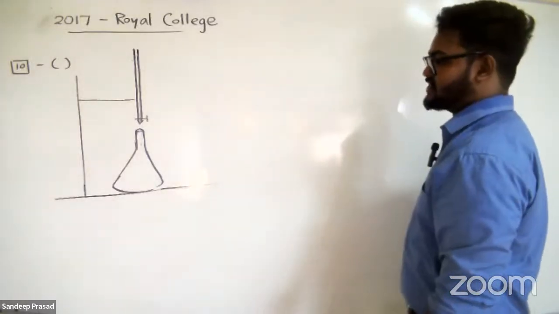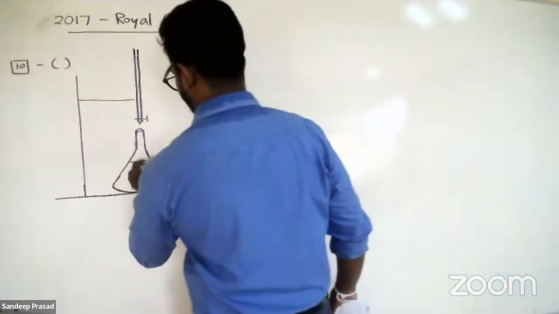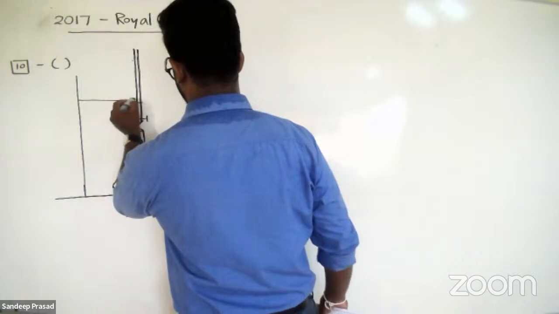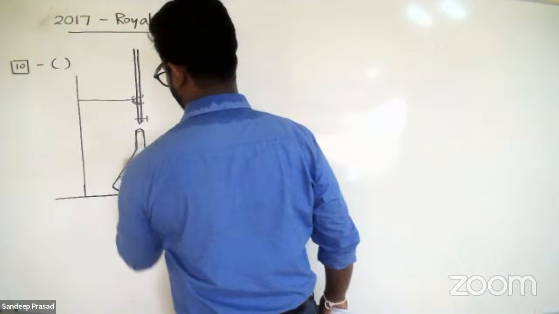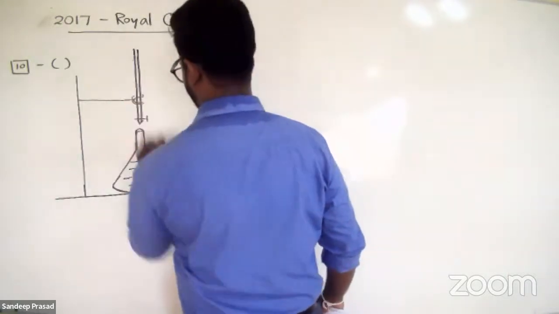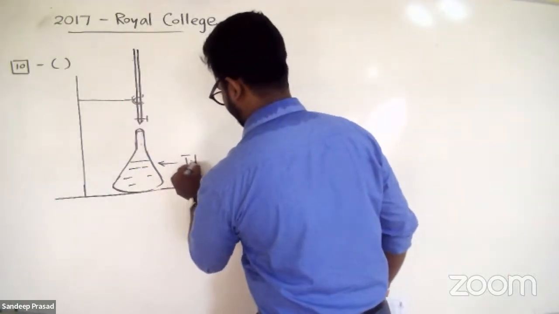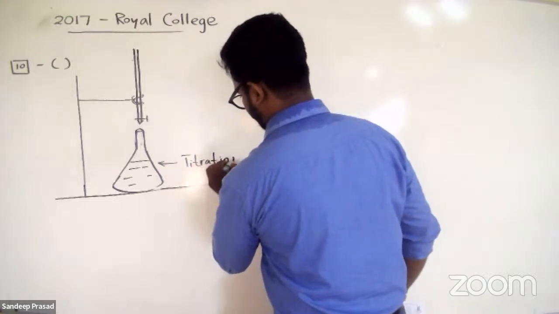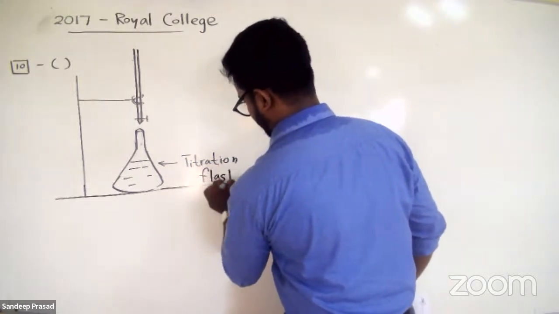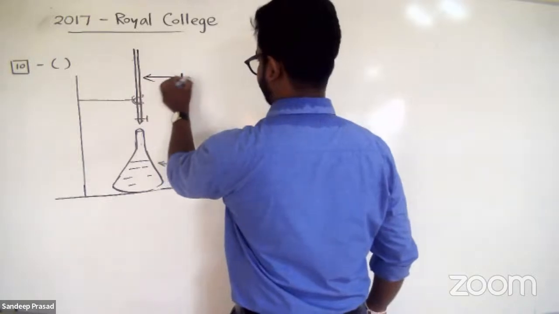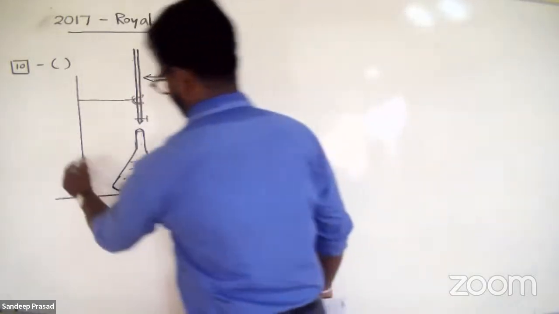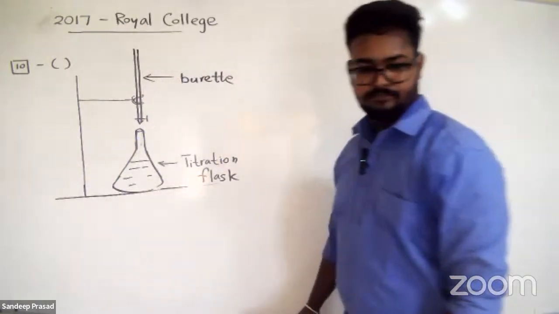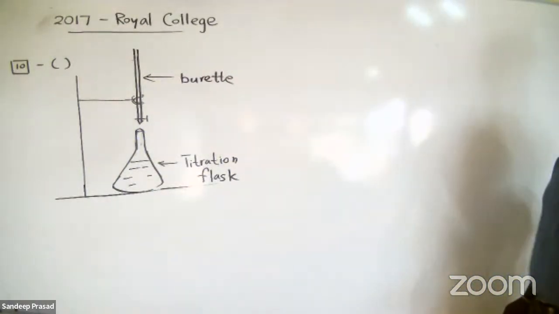So this is the titration setup. We can clamp this one, so this is a clamp holder. We have solution here, the titration flask, and this is the burette. This is the burette holder. This is the setup for the titration.